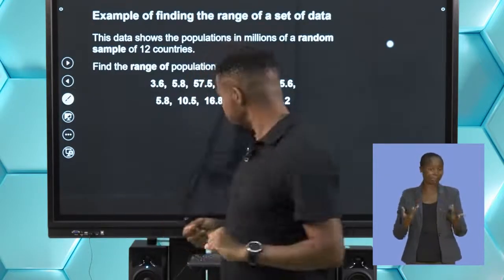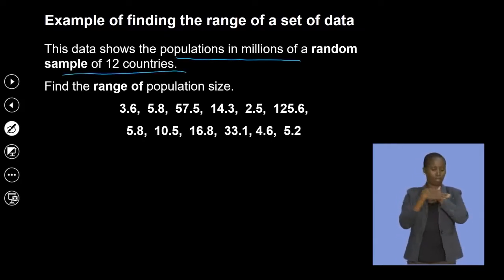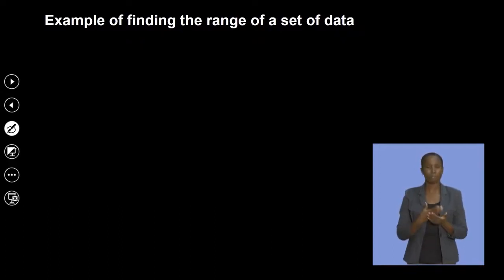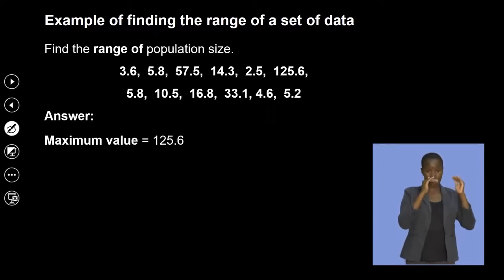Good. Let's see what we have now. This data shows the population in millions of a random sample of 12 countries. Find the range of the population size. What is the range? The range is the maximum minus the minimum. What is our maximum?